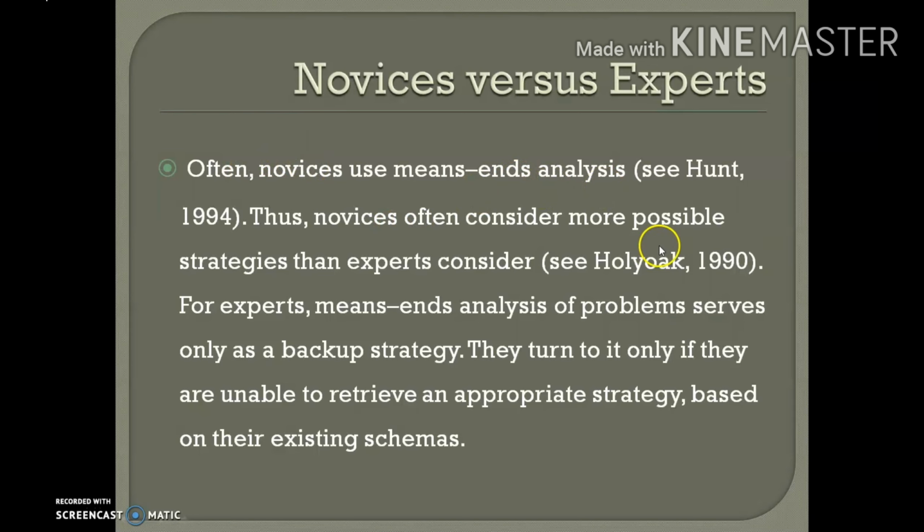Thus, novices often consider more possible strategies than experts consider. For experts, though, means-ends analysis of a problem serves only as a backup strategy. They turn to it only if they are unable to retrieve an appropriate strategy based on their existing schemas. So, experts are really ahead in terms of strategies.